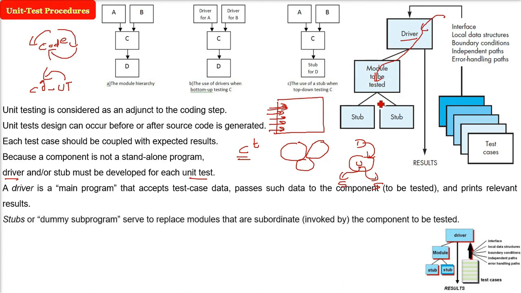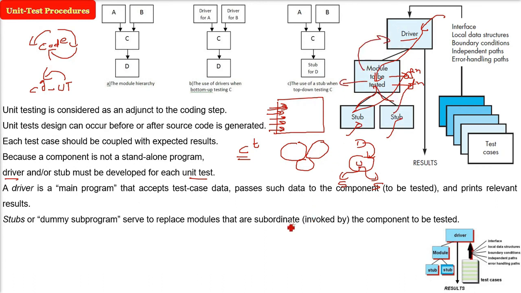What are stubs? These are dummy sub-modules or sub-programs, because these are the sub-programs which are being called by the module being tested. So these are the modules that are subordinate to, or invoked by, the component you are testing. The driver is the main program calling your module, and your module might be calling some other code, which is the stub.